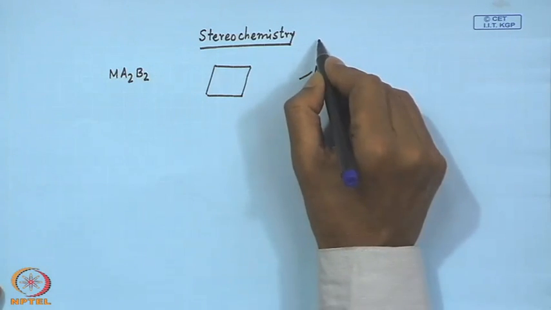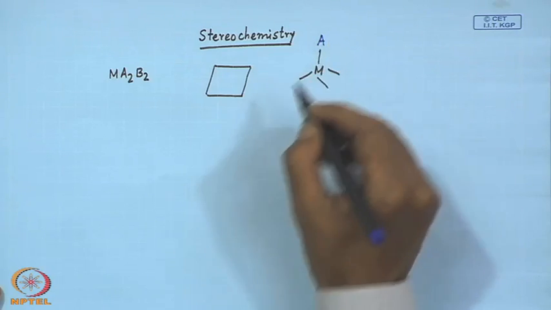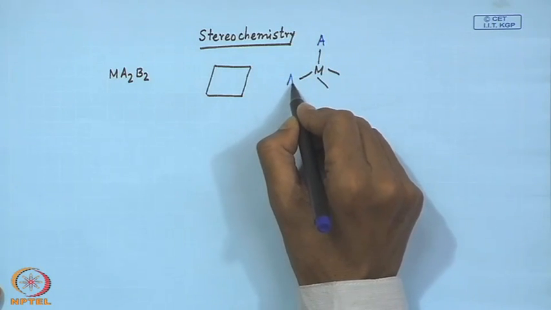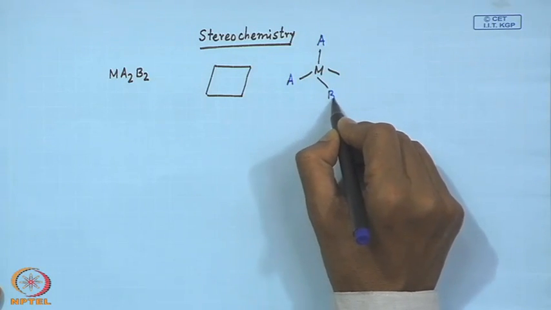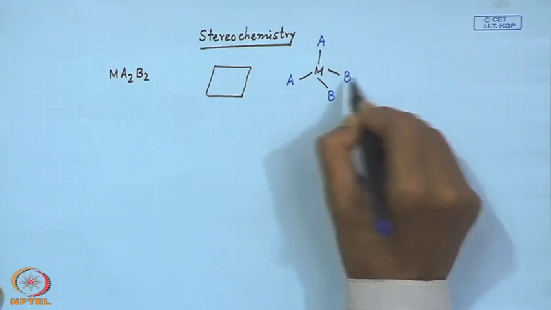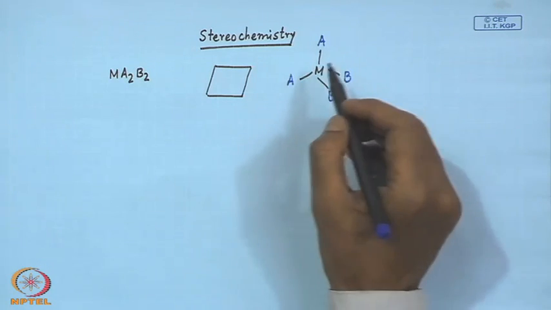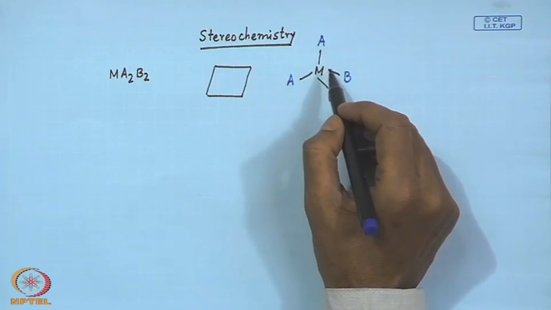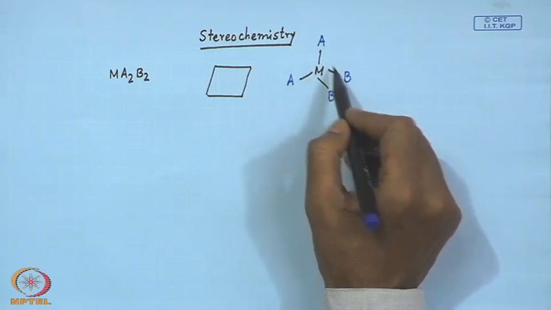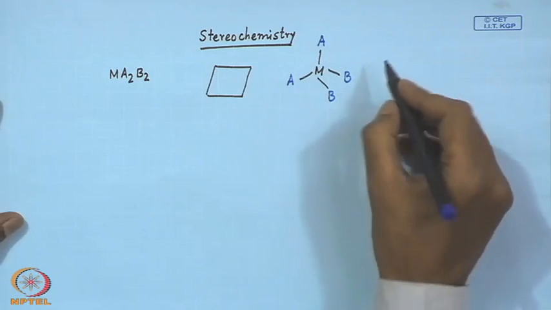So, if we have a tetrahedral geometry with 2A and 2B, and we interchange these two positions, we get the same isomeric form because all the tetrahedral positions are equivalent.